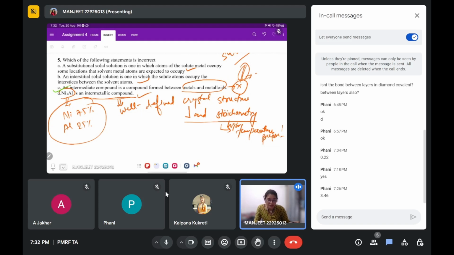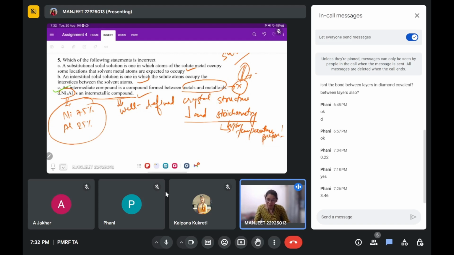Intermediate compound is the compound formed between the two atoms. If any reaction is going on from A to B, whatever the form or phase of the compound that is formed between them will be the intermediate compound. And the next one is the intermetallic.